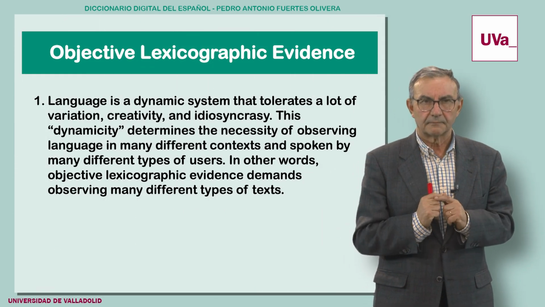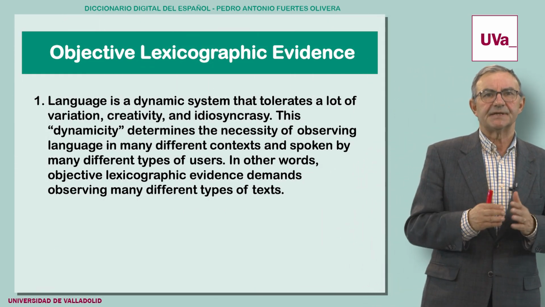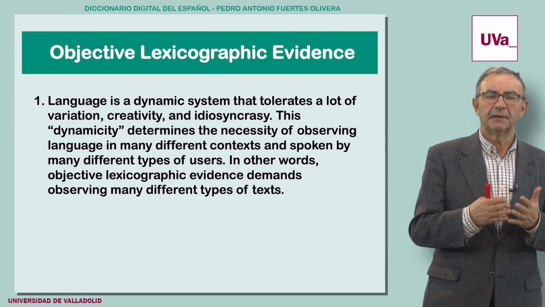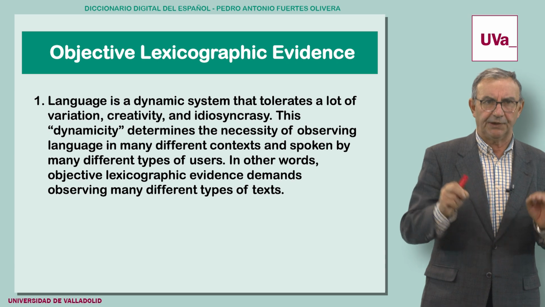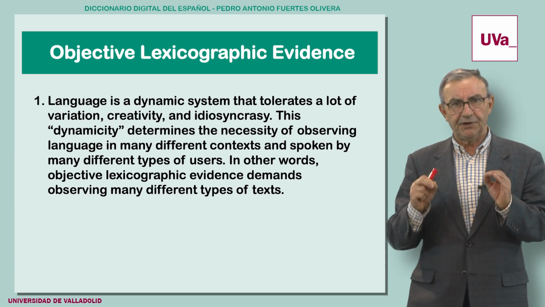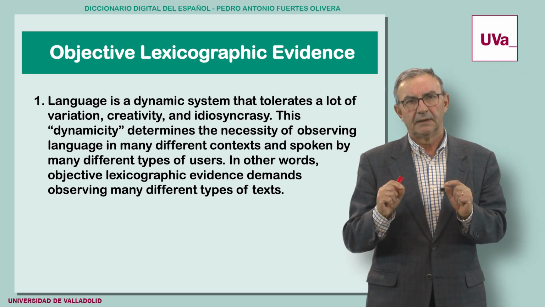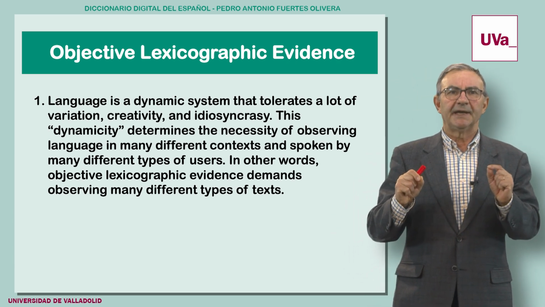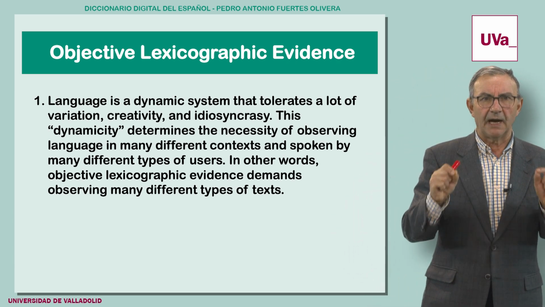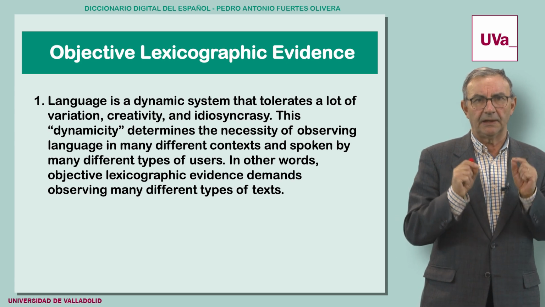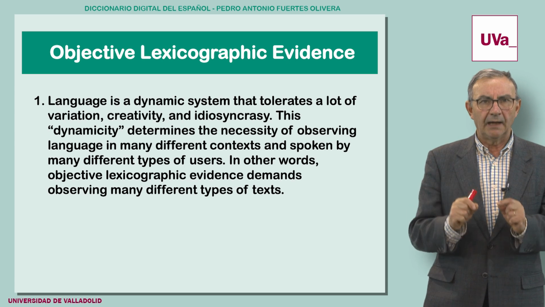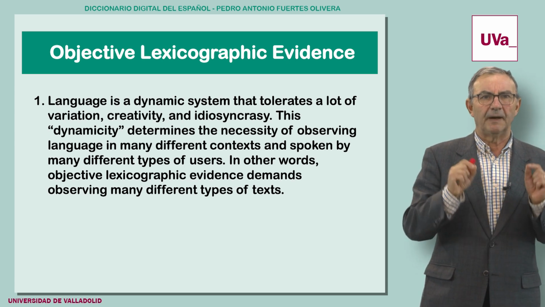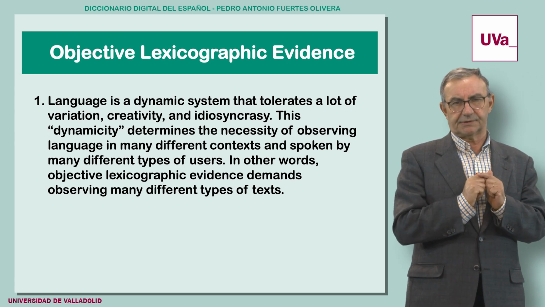One. We know that language is a dynamic system that tolerates a lot of variation, creativity, and idiosyncrasy. And this dynamicity determines the necessity of observing language in many different contexts and how it is spoken by many different types of users.